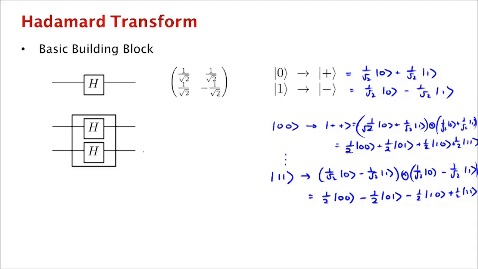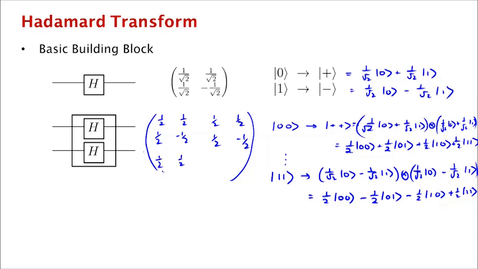Now, if you want to write out the unitary transformation, you take the tensor product of this 2x2 matrix with itself, and if you remember the rules for doing that, you would just fill in 1 over square root 2 times this matrix in the upper left, so you'd get half, half, half, minus half. And the same thing here, and the same thing here.